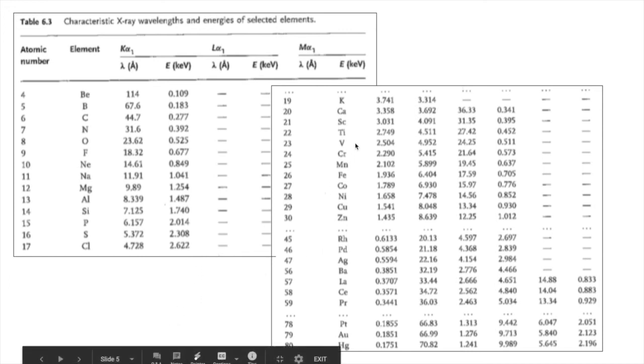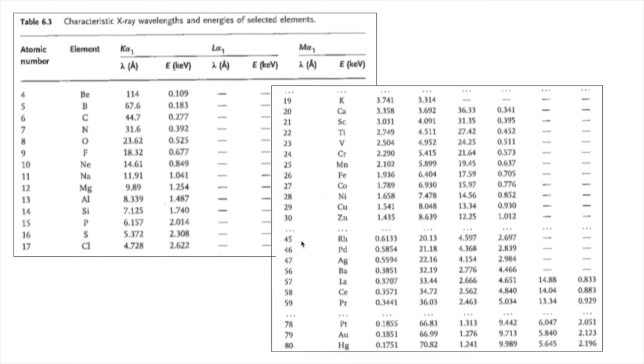So think about finding cerium, and what range would you need to scan to see the K series for cerium? And then secondly, what would you need to do to see the K series for platinum? So answer that. We'll come back and talk about the solutions.